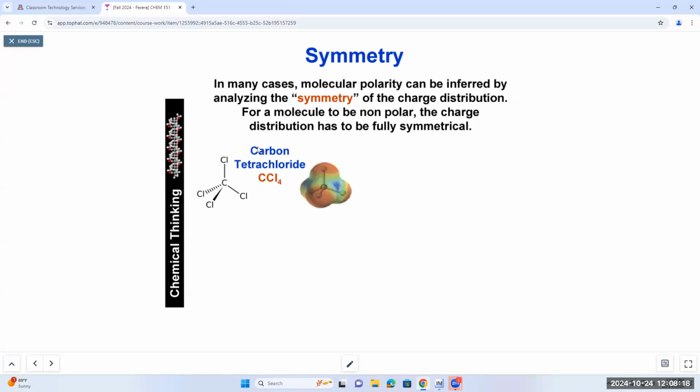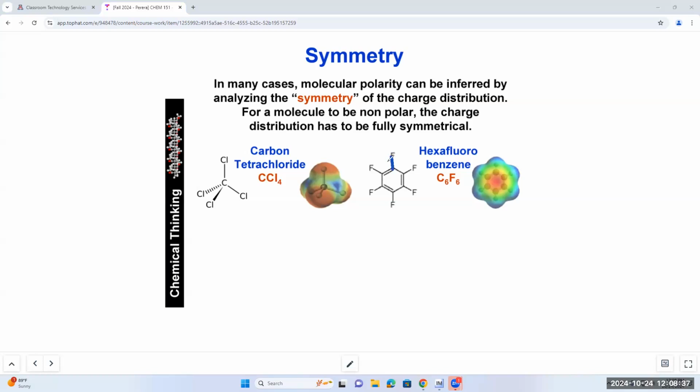All right. Here are examples. So we know any tetrahedral molecule, we have a symmetric distribution of charges, is going to be non-polar. If you take something like hexafluorobenzene, you have symmetric distribution of charges. Therefore, it's going to be a non-polar molecule.